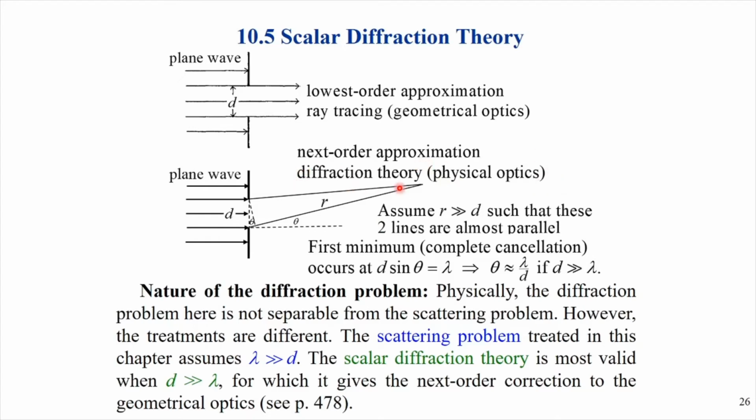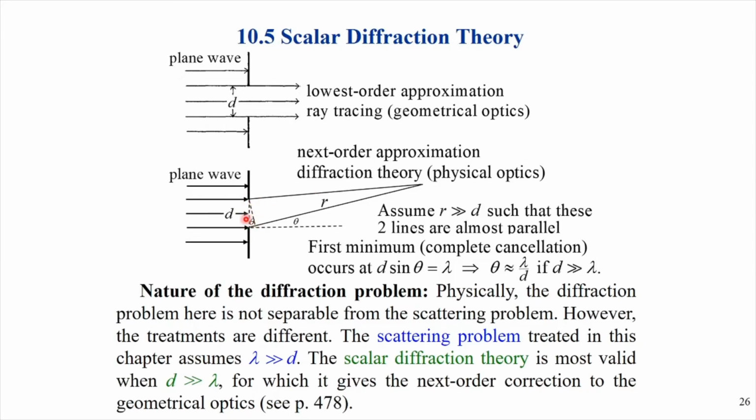Let's consider diffraction theory. Just imagine the experiment you did as undergraduate freshmen, single slit diffraction or double slit diffraction. Lambda is quite small, maybe 400 or 500 nanometers, and D is about a millimeter or submillimeter.